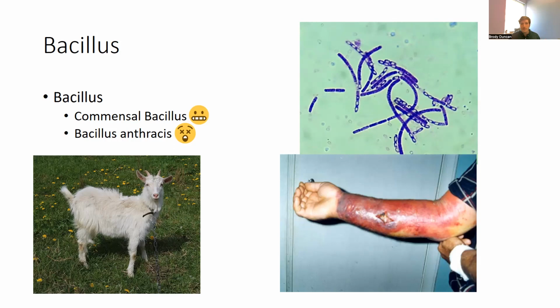So this is a bit different from some other genera of bacteria where it's a bit more of a spectrum from not so virulent to middling virulence and then somewhat virulent. For Bacillus, we really have these commensal species that don't cause a whole lot of invasive disease, and then Bacillus anthracis, which is actually one of the most aggressive bacteria on the planet. So there is a bit of a dichotomy there.